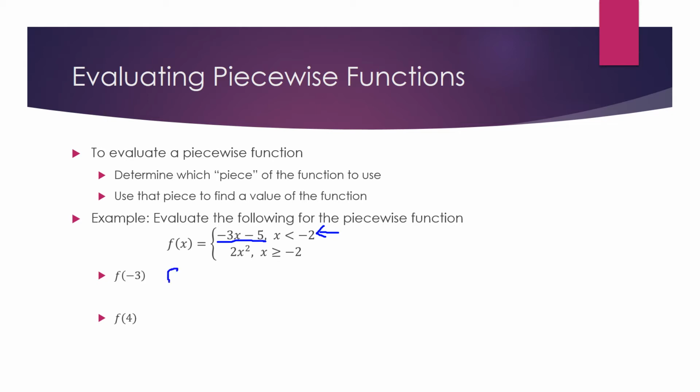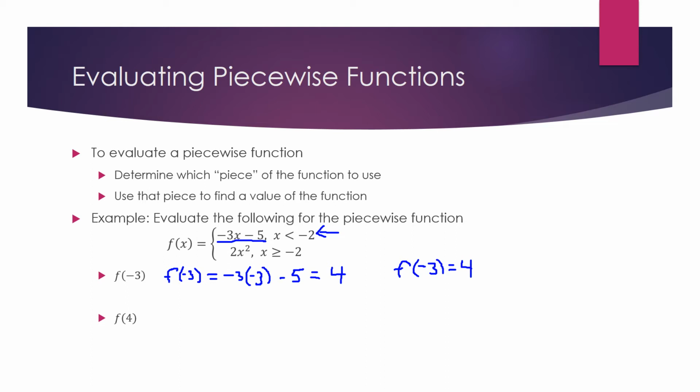So f of negative 3 is equal to negative 3 times negative 3 minus 5. When I evaluate that, negative 3 times negative 3 is a positive 9, minus 5 is 4. Therefore, f of negative 3 is equal to 4.